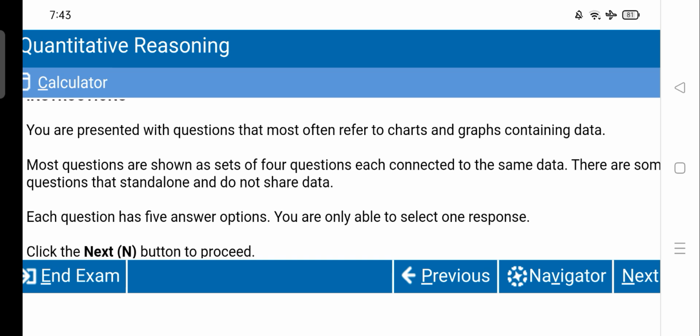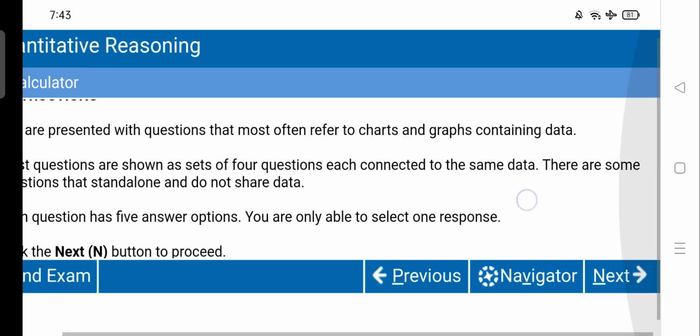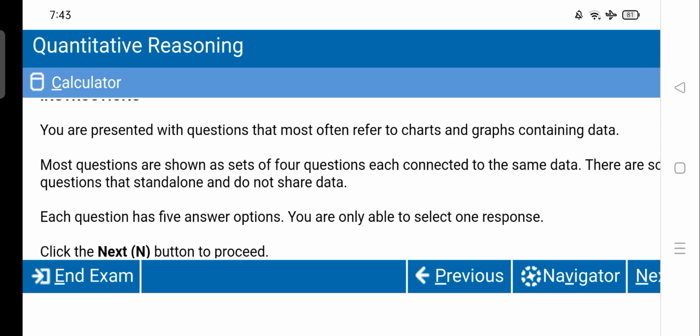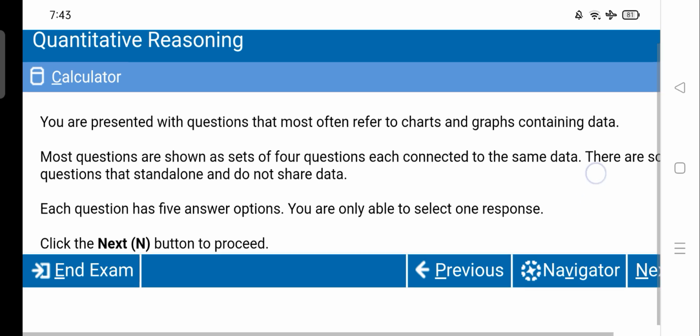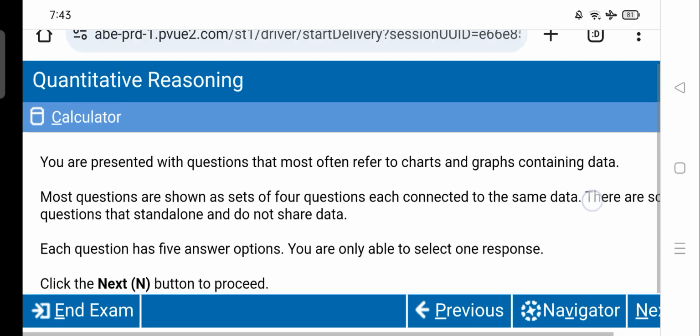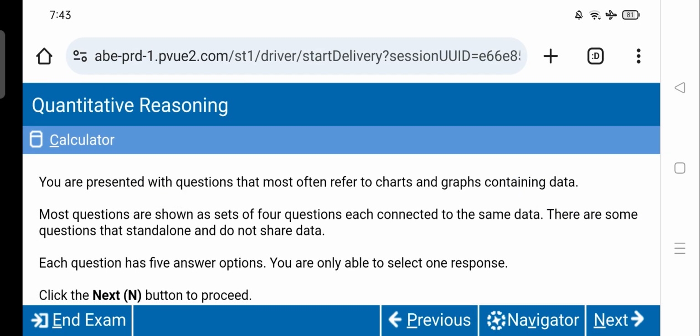Most questions are shown as sets of 4 questions, each connected to the same data. There are some questions that stand alone and do not share data. Each question has 5 answer options. You are only able to select one response. Click the next button to proceed.